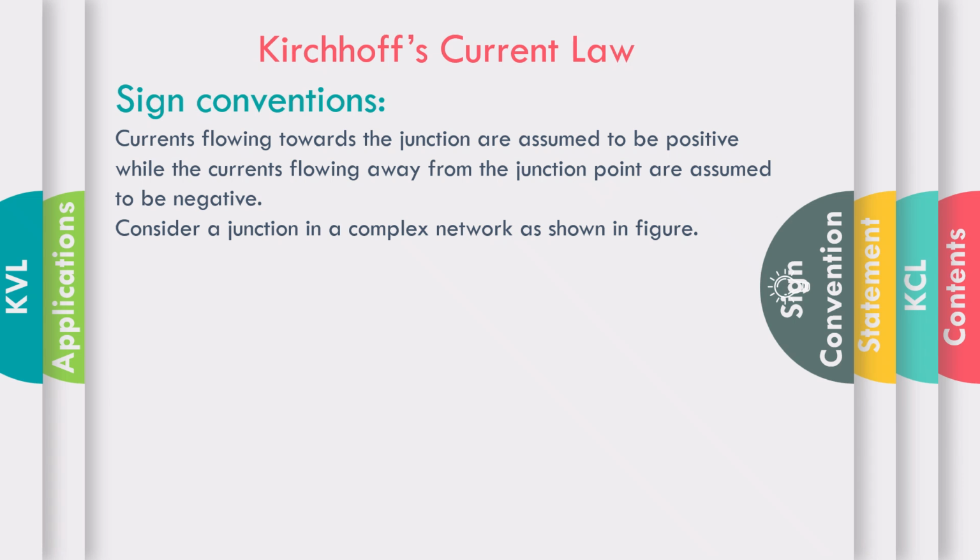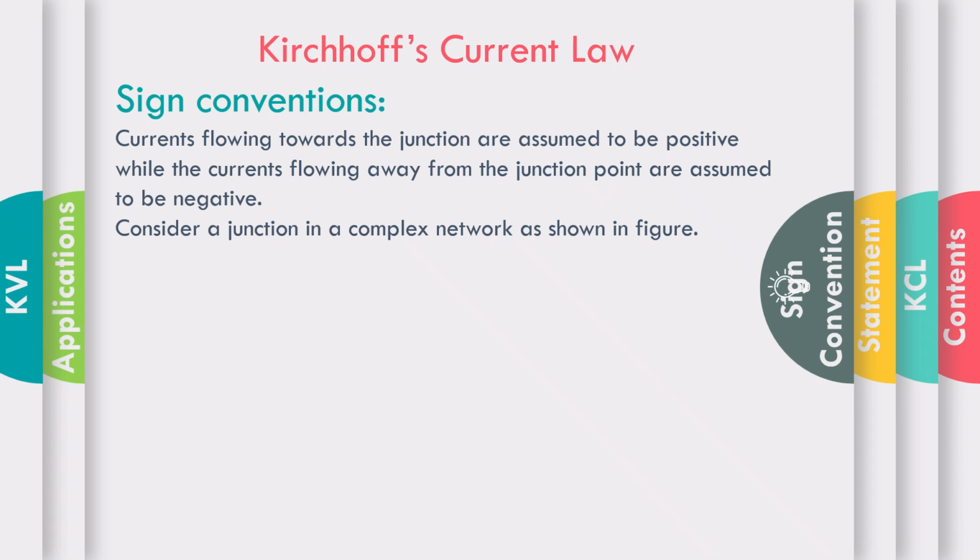Here are some sign conventions: where we can take positive and where we can take negative. Currents flowing towards the junction are assumed to be positive, while currents flowing away from the junction point are assumed to be negative.